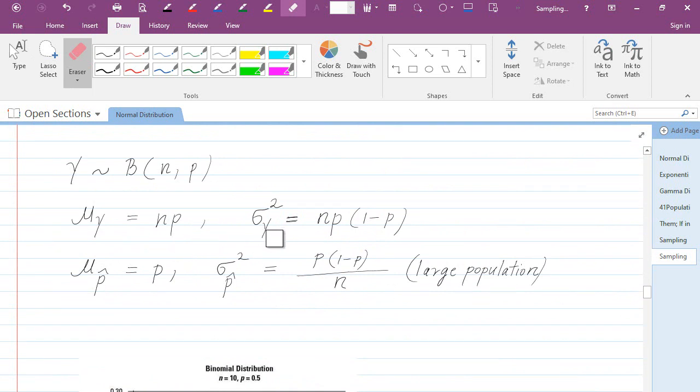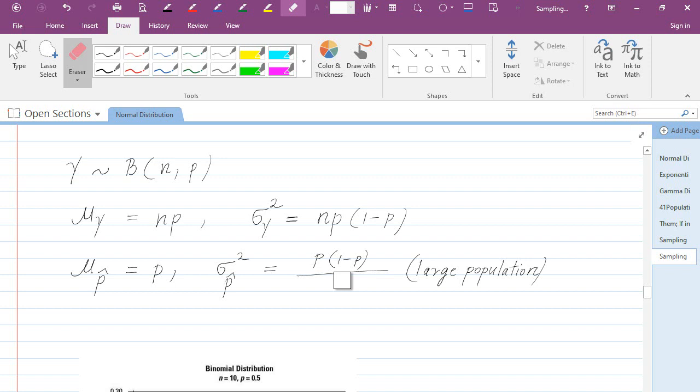The variance of Y turns out to be np(1 minus p), and the mean value of p hat, remember p hat is the sample proportion, turns out to be p, and the variance of p hat, sigma p hat squared, turns out to be p times (1 minus p) over n.